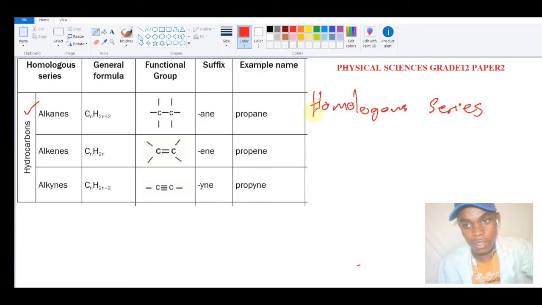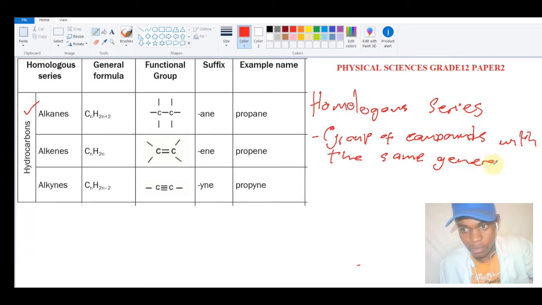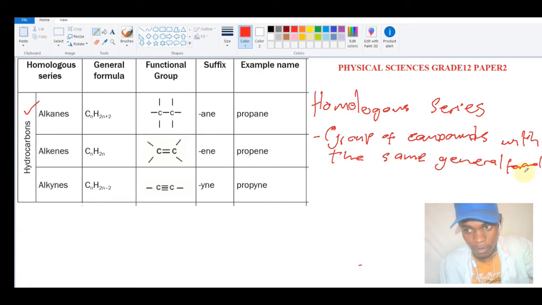A homologous series is a group of compounds, organic compounds though, with the same general formula and functional group.